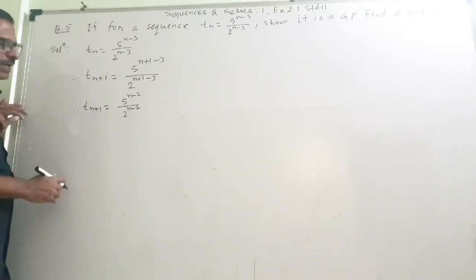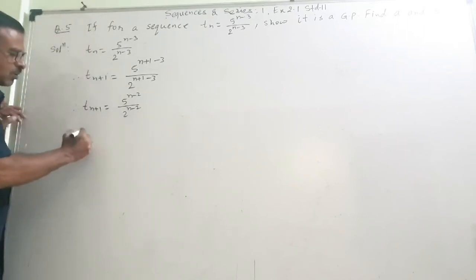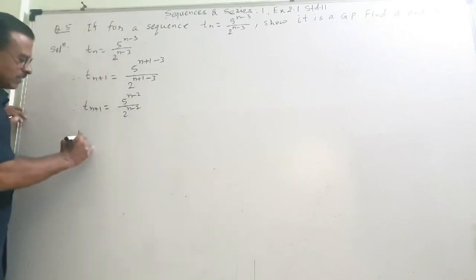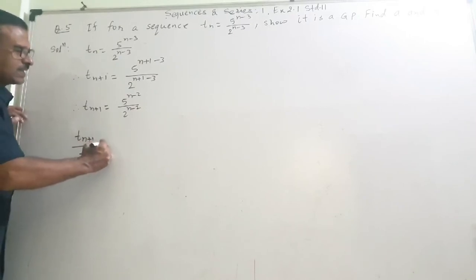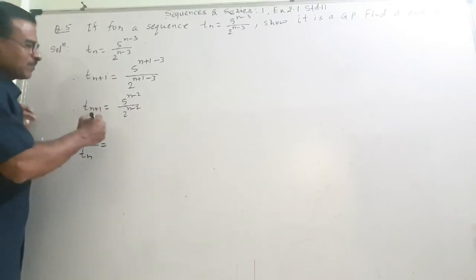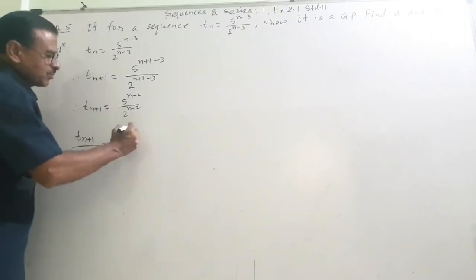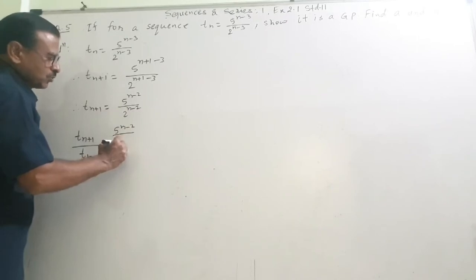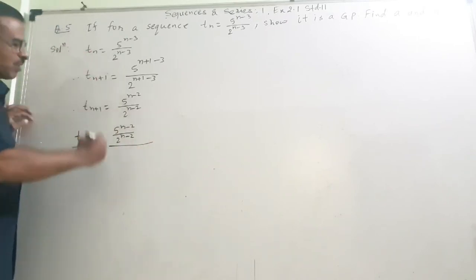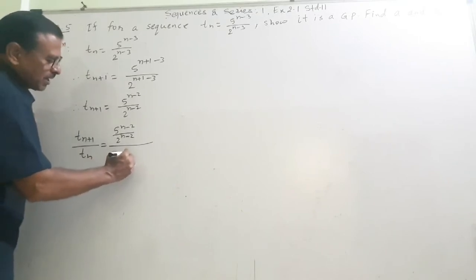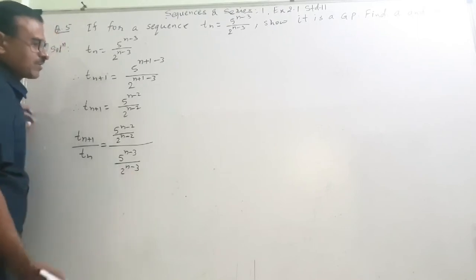How will I take the ratio? Tn plus 1 upon Tn, because the next term upon the earlier term. This is the next term, upon the earlier term Tn. Tn plus 1 is this. So 5 raised to n minus 2 upon 2 raised to n minus 2, upon, now Tn is what? 5 raised to n minus 3 upon 2 raised to n minus 3.